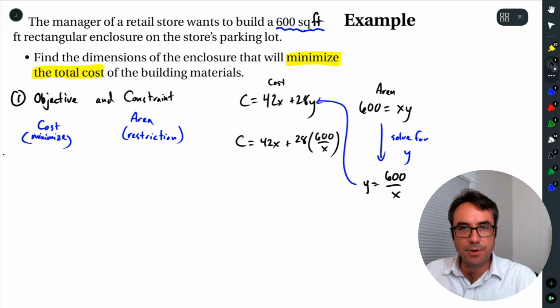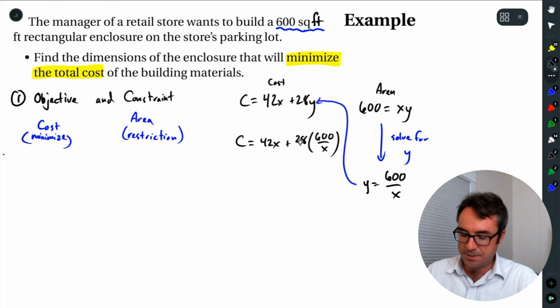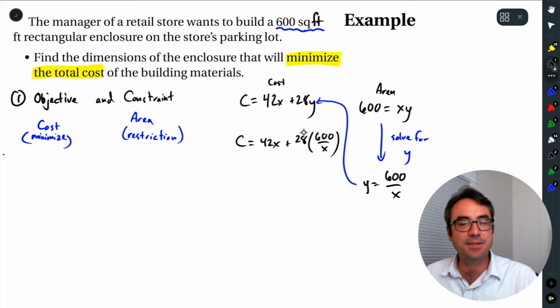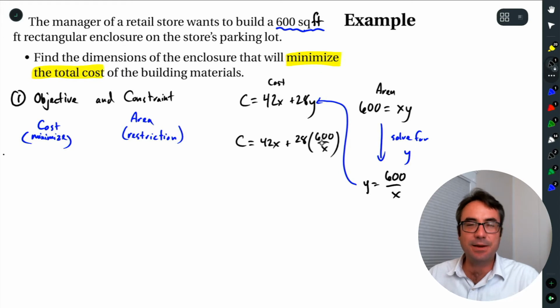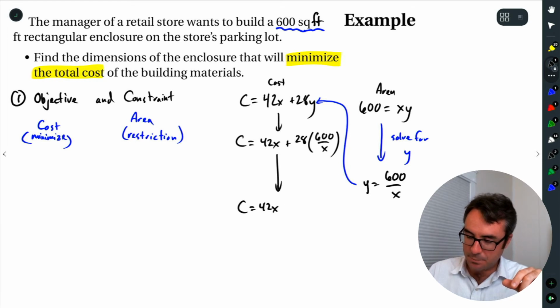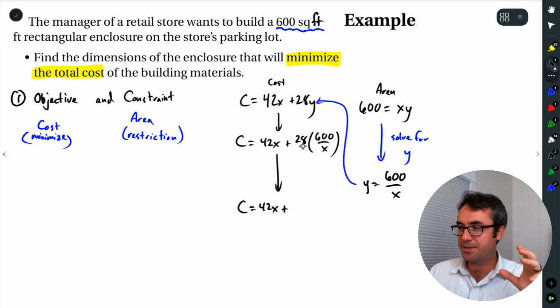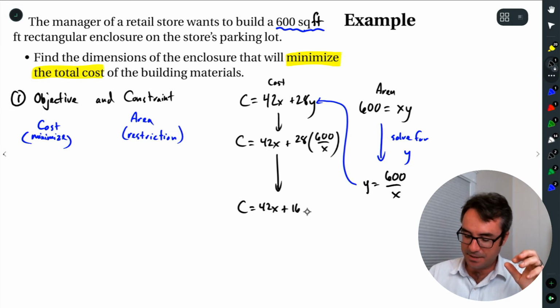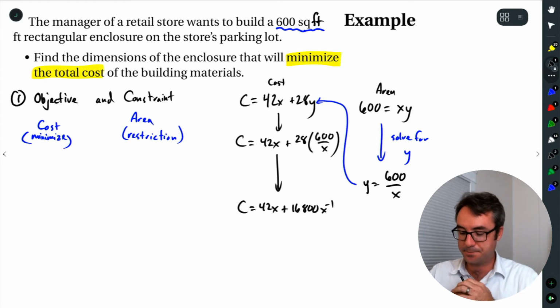We know we're going to be doing some derivatives. So let's multiply the constants here. It's not entirely necessary. We have division by x. Let's write that with a negative exponent. So if we do this, we get c is equal to 42x plus 28 times 600 is 16,800, and then instead of dividing by x, we're going to have x to the minus 1.